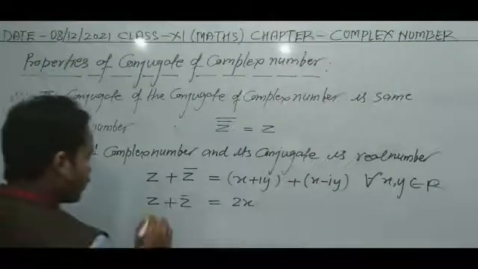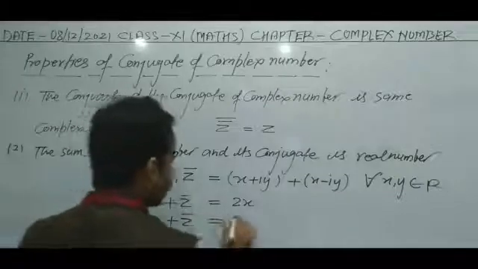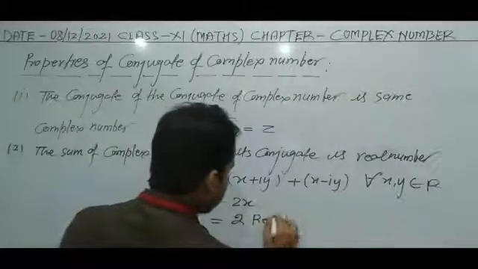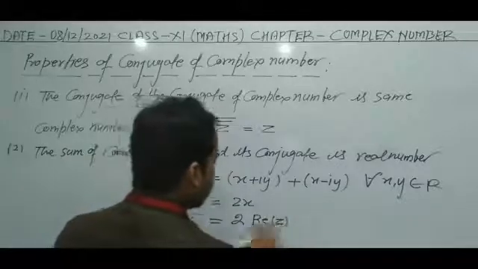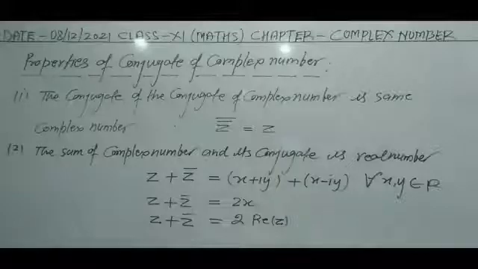We can write z plus z bar is equal to 2 into real part of z, means this is real number.